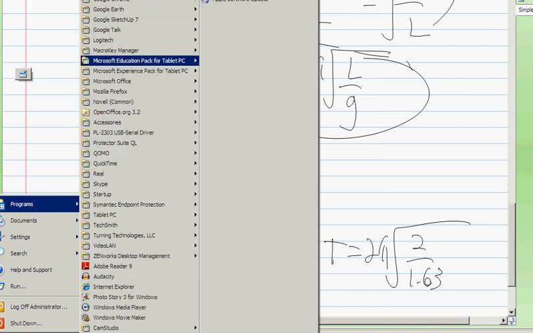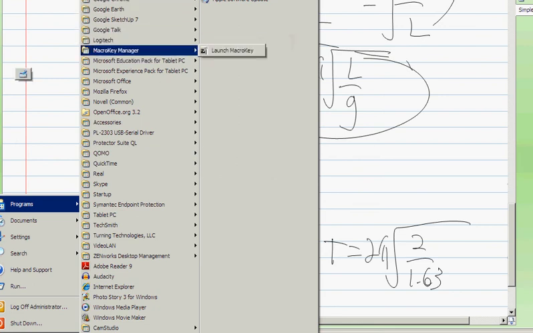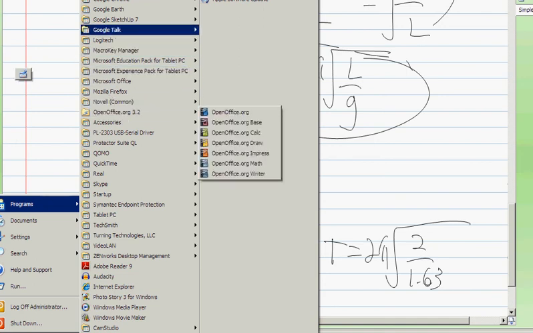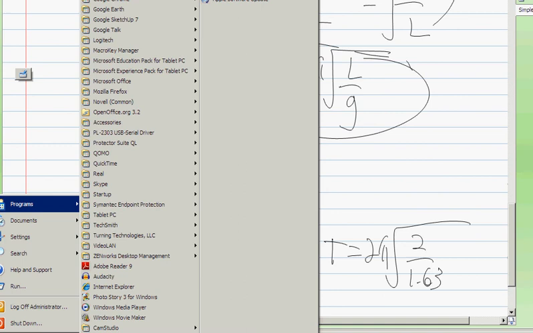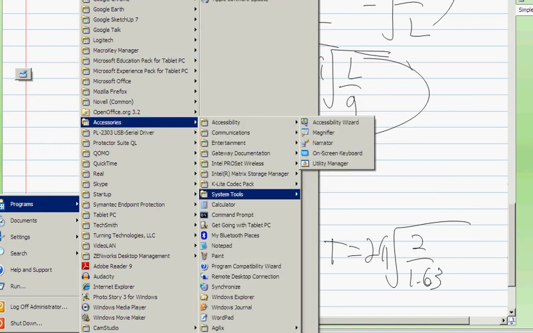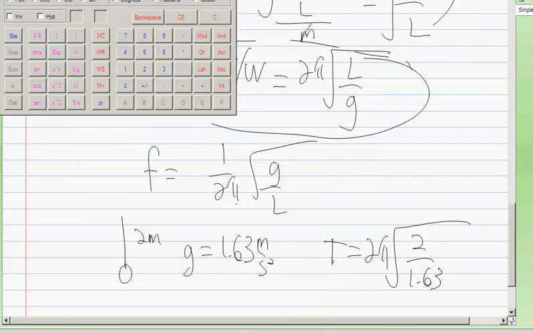According to my calculator, 2 divided by 1.63 is 1.22.